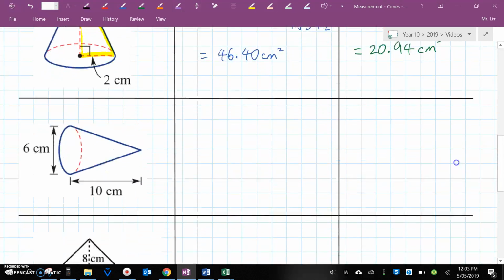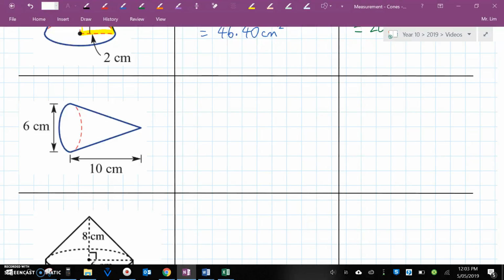Okay, the next question. Another simple one. Surface area is equal to pi r squared plus pi rl. This time, the radius is not given to us, but the diameter is. So to work out the radius, we need to halve it. Half of 6 is 3.